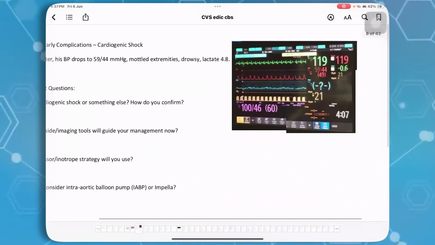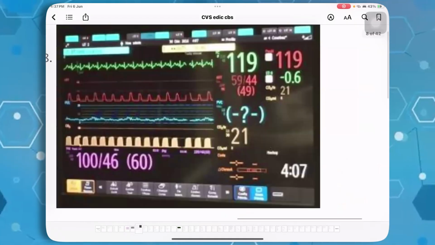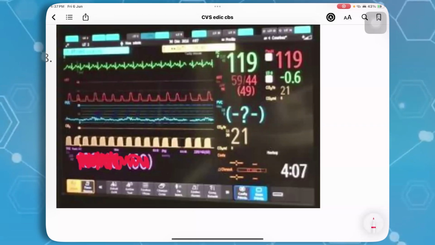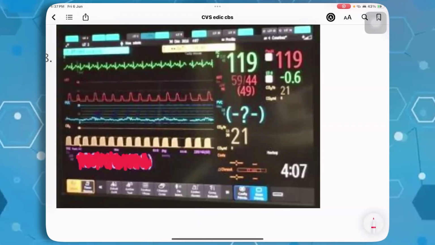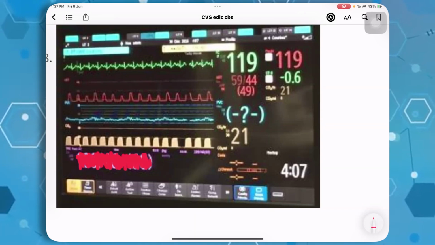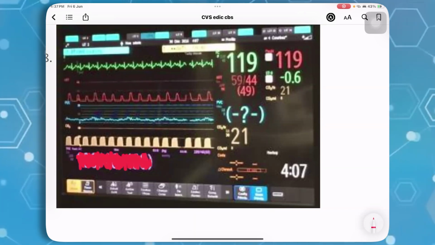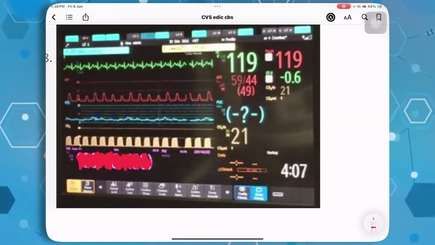What do you see in this? Forget this, I think this is a wrong thing which is mentioned here. What do you see? Cardiac tamponade may be there, or hypertension is there. Just tell me what you see, not on the cardiac monitor.